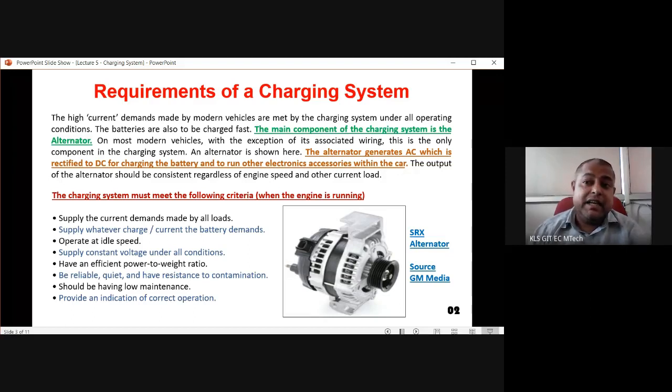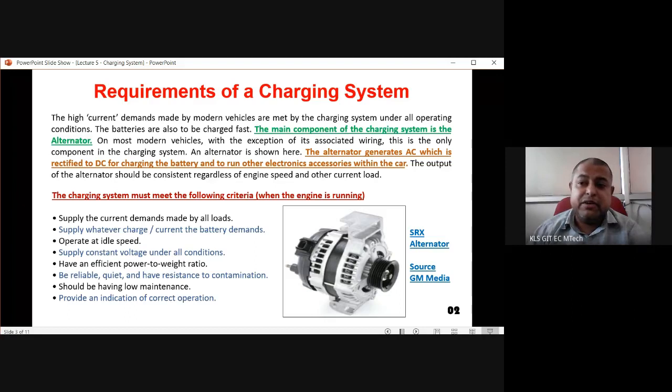So when the engine is running, what do we expect from the alternator? The alternator has to supply the current demands made by all loads. Any kind of current demand inside the car has to be properly satisfied by the alternator. It should supply whatever charge current the battery demands.